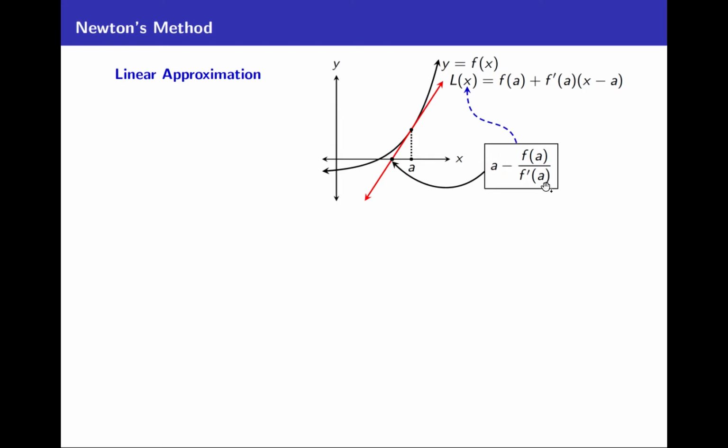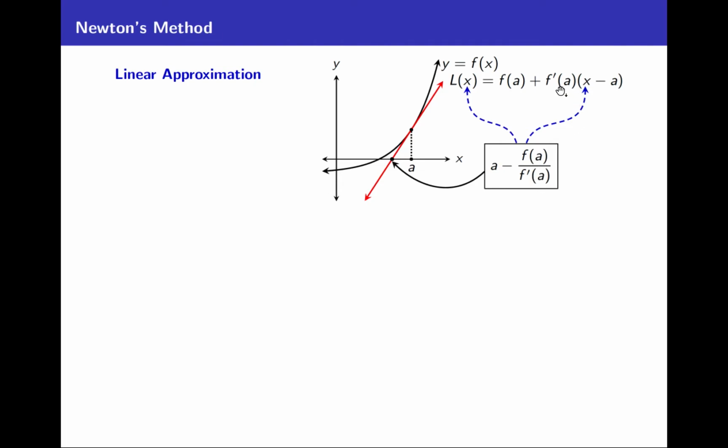So we're plugging in this number for x. You plug in a minus f of a over f prime of a for x right there. The first thing that happens is you subtract off an a, so that a is gone. So in parentheses, this expression is minus f of a over f prime of a.